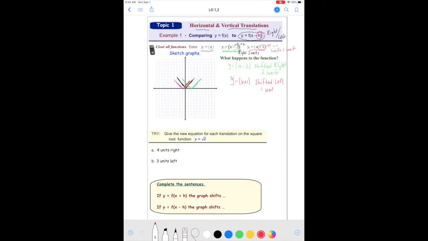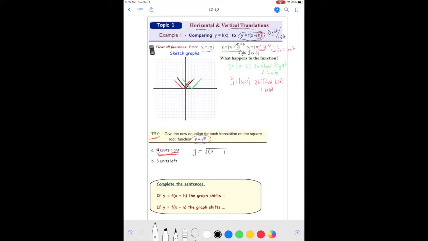Okay, so now let's look at the try one. So we have the basic function, the square root of x, and now it's giving us what's happening. Okay, so here, if it's going 4 units to the right, we know that the function, and I'll put a bracket, is x.